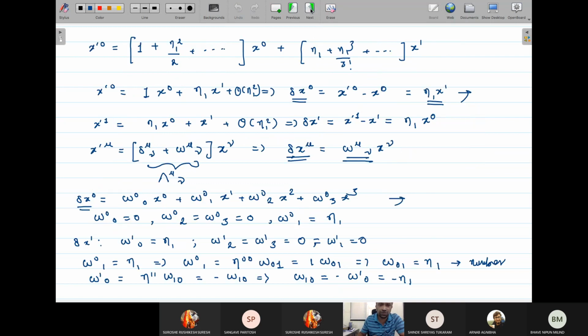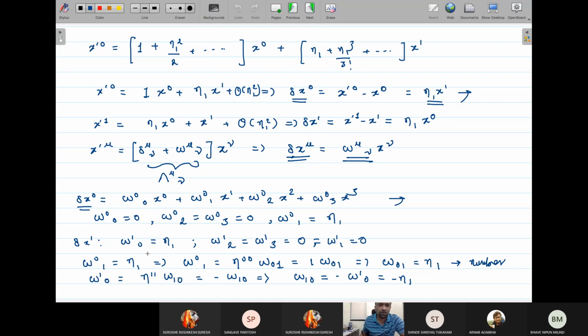But there is a relationship between omegas and etas, that I'm trying to find. So omega 10 is set to eta 1. Omega 12 will be eta 2. Omega 13 will be eta 3. Clear? And so on.